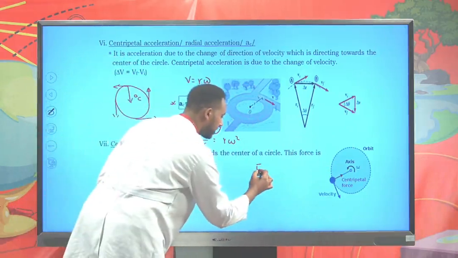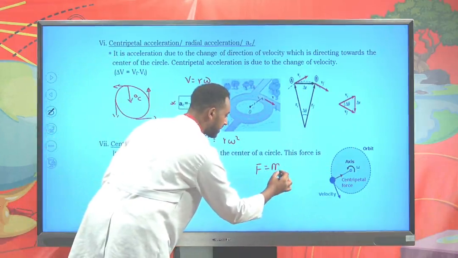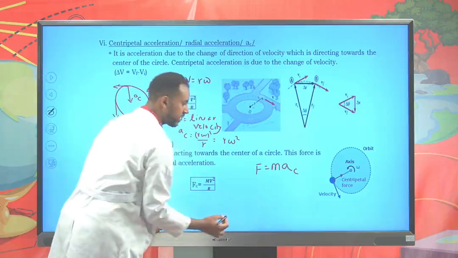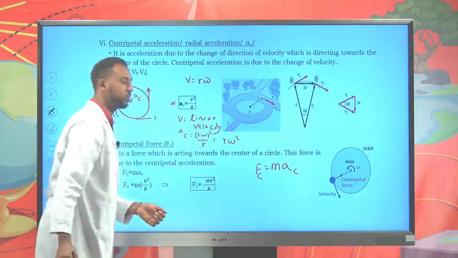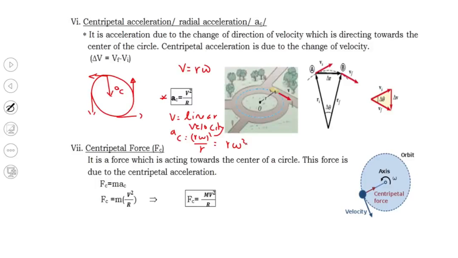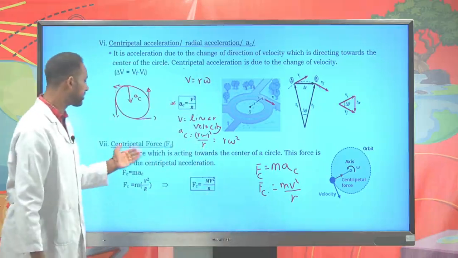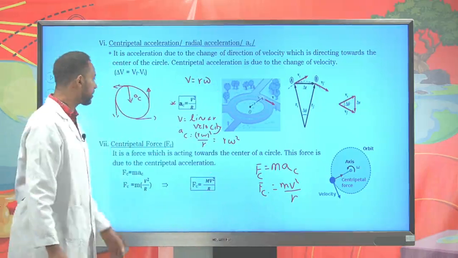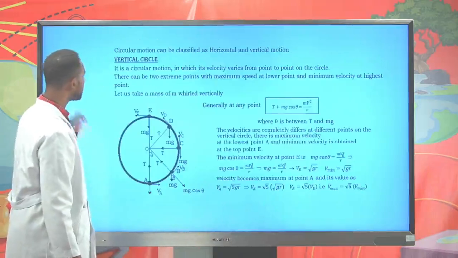We know that generally force can be expressed as mass times acceleration, and if the acceleration is centripetal acceleration, there will be a centripetal force. So mass times centripetal acceleration, or mv squared over r, is the centripetal force, or the force which is acting towards the center. So keep this in your mind.